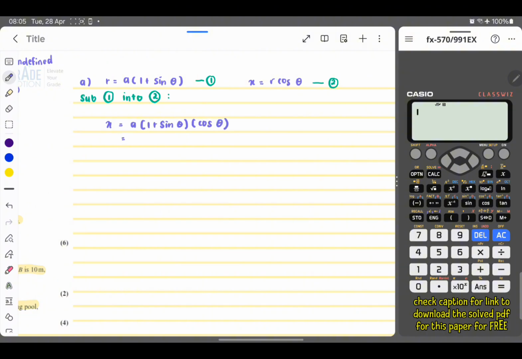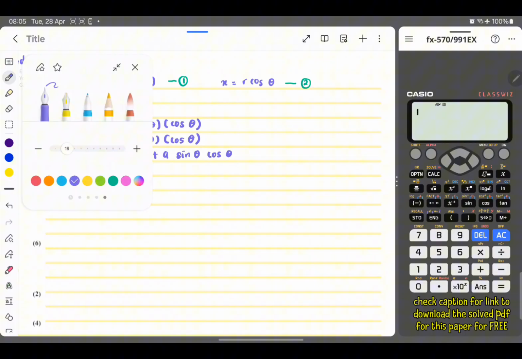Let's begin by expanding the first bracket. We get (a + a sin θ) cos θ. Expand it again and we get a cos θ + a sin θ cos θ.